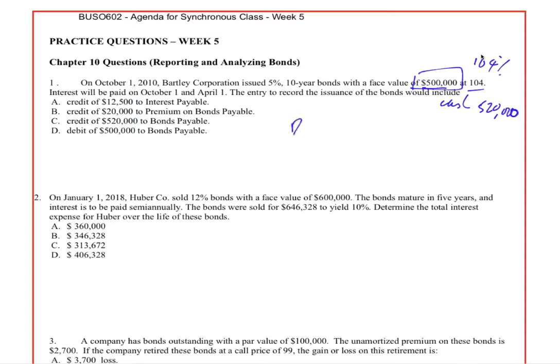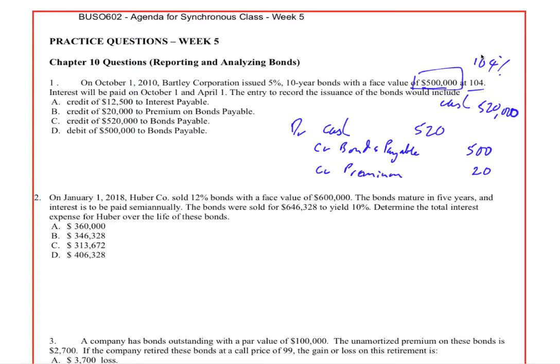The entry would be a debit to cash of 520,000. There'd be a credit to bonds payable, which is the face value of the bonds, 500,000, and then a credit to premium on bonds.